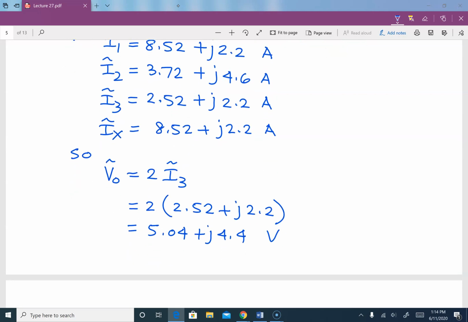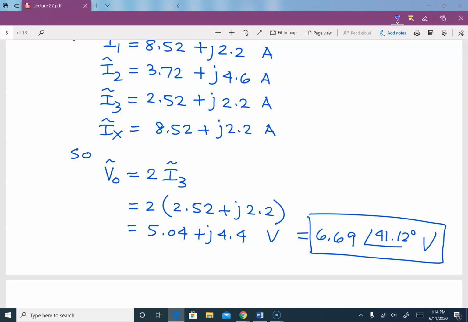However, we said that voltage and current should be given in polar form. So that will be 6.69 with angle 41.12 volts. And this is our answer for that voltage V naught.